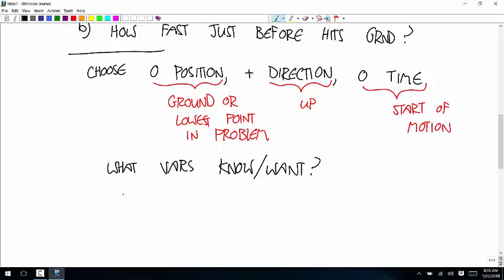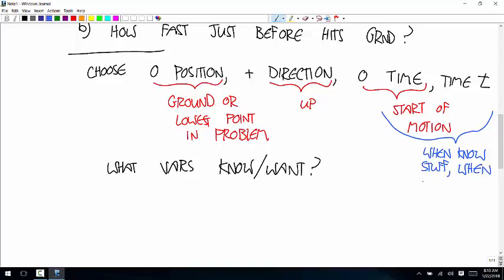And actually, let me add one more thing here. So 0 time, and then think about time t also. Both of these, where you call your time 0 and where you call your time t, are based on when you know stuff and when you want to find stuff.